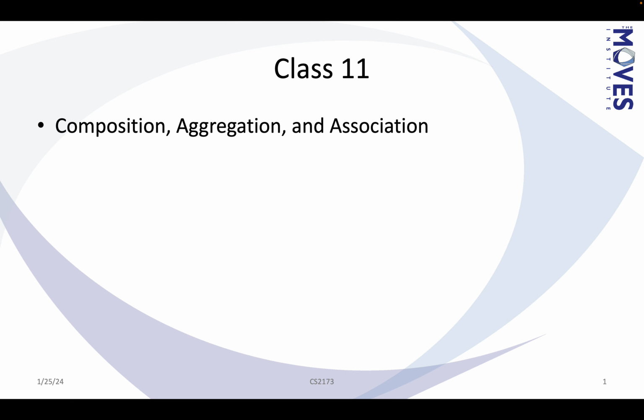In other words, if you're building something and you don't have a plan, then it's probably not going to go too well. So these UML diagrams are like the blueprint or the plan.